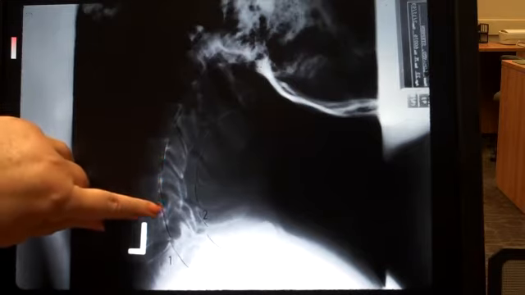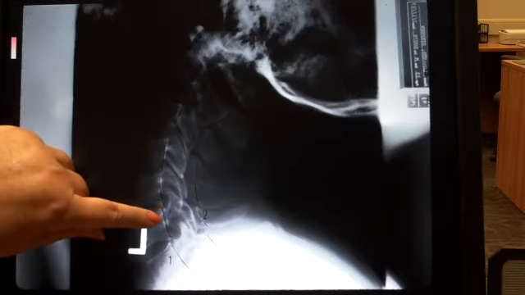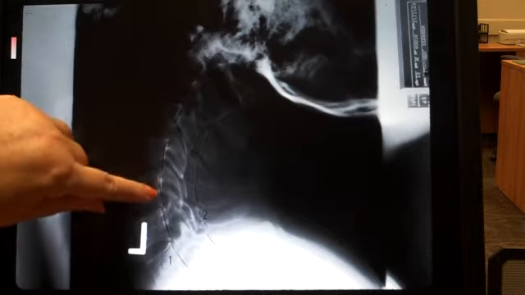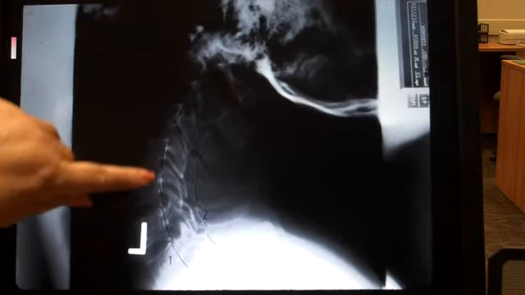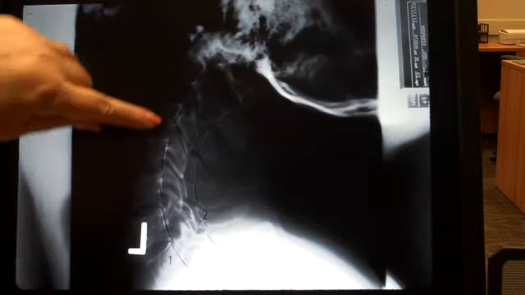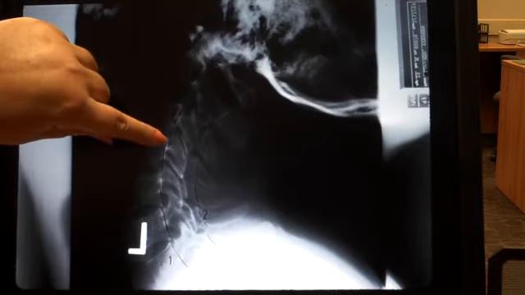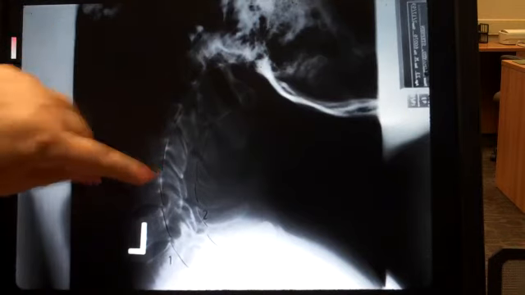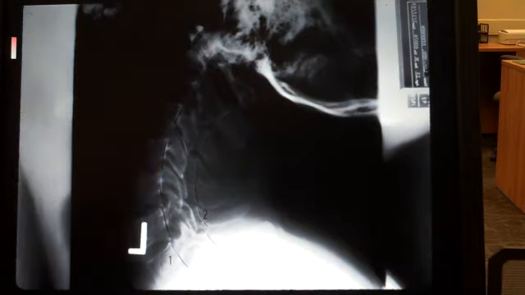But at the same time, it would be posterior to the segment below. And so there's a little bit of an interruption in this line that is not as continuous as I would like for it to be. I would like for this point to be lined up exactly with this point, and for this point to be lined up exactly with this point. And so there's a little bit of an interruption right there at that segment level according to George's line.